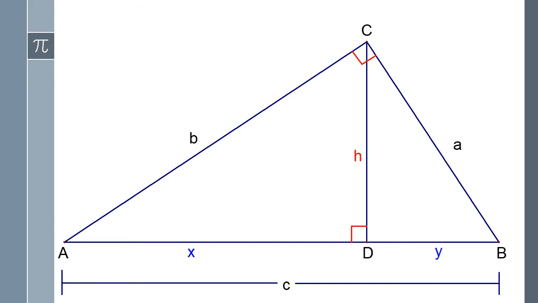Here we have A, we have B, and we have C. And we know by the Pythagorean theorem that A squared plus B squared equals C squared. In this triangle here, we're going to have H and X, and B is the hypotenuse there, and then H and Y, and A is the hypotenuse in this one right here.